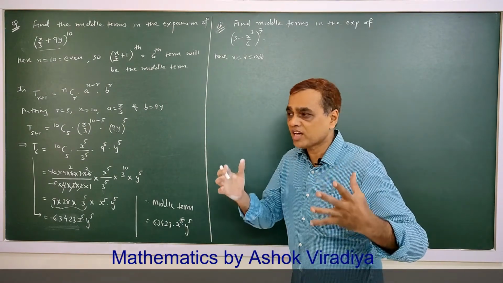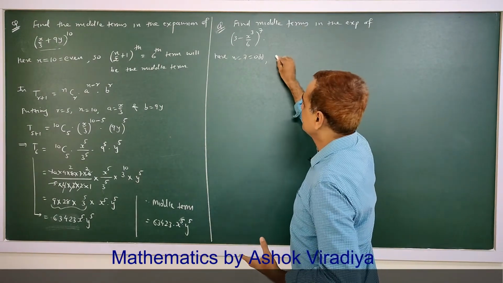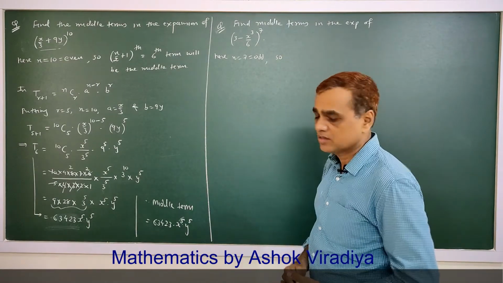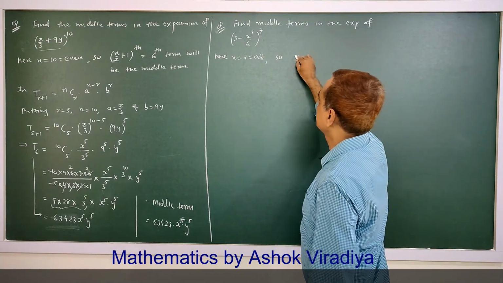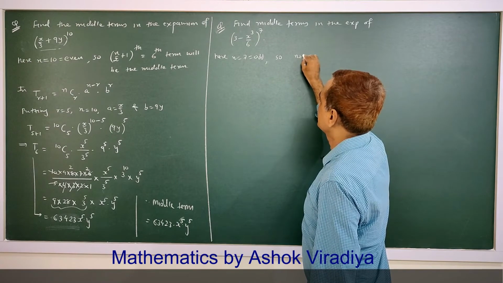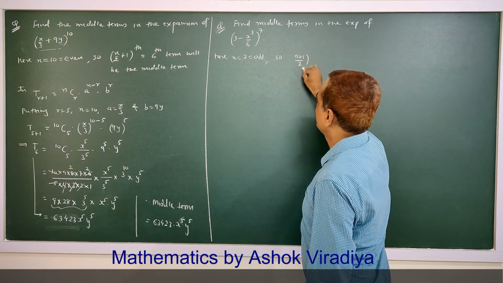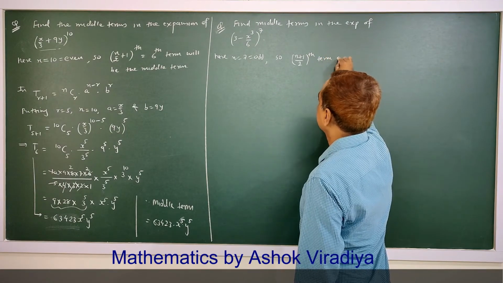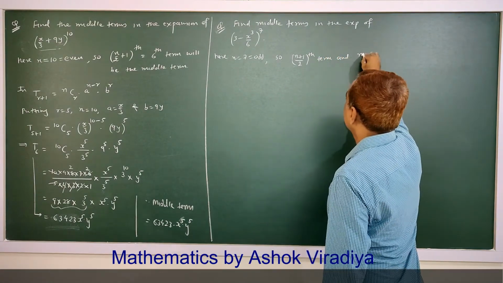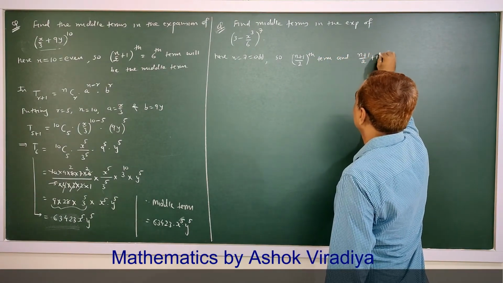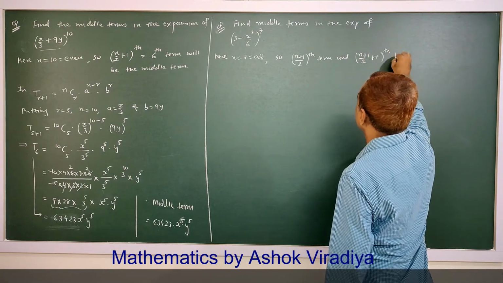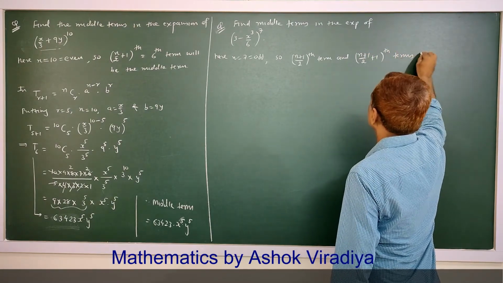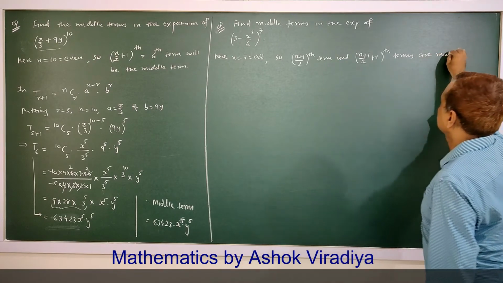By formula it can be shown that the middle terms are the (n plus 1 by 2)th term and the (n plus 1 by 2 plus 1)th term.